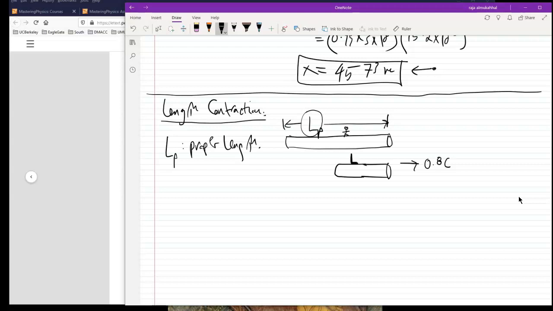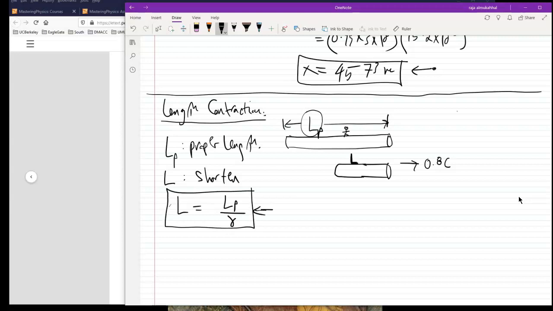Got it? Now, when the rod is moving with some velocity, this length will shorten. If I want to get that, length is basically the proper length, L sub P, over gamma. We're not going to derive this stuff. I'm just going to show you the formula. There it is. Remember gamma?